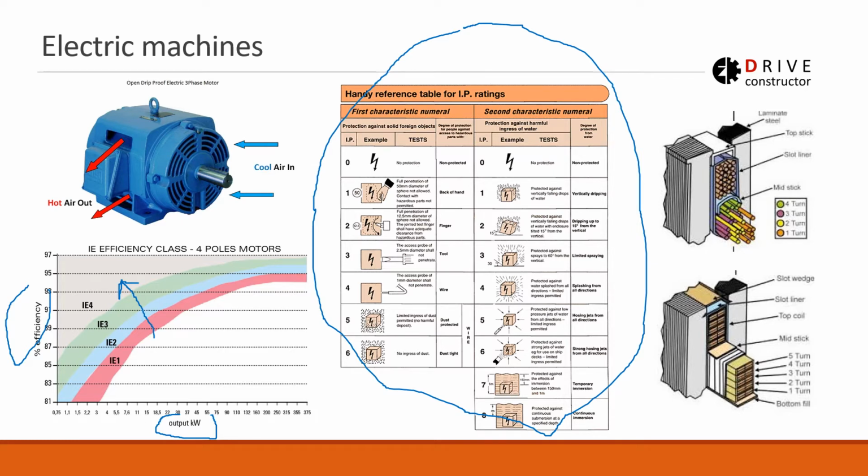It's actually how well the electric machine is protected from the environment, from, for example, dust or some particles like sand or something else getting into the machine. So will it go through or will it not? The same for water. So will some drops of water, splashes of water or fog be critical for the machine or not? So this is quite useful knowledge to be aware of.